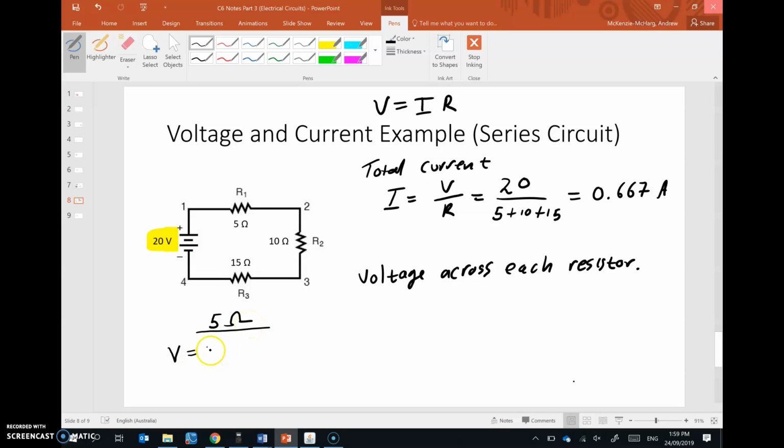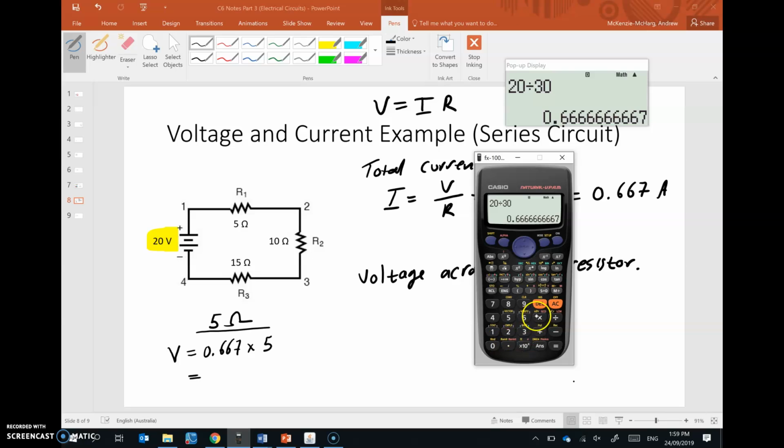The current through this circuit is the same everywhere. That's 0.667. The resistance of the 5 ohm resistor is 5. So the voltage across it is 0.667 times 5. Which gives us 3.335 volts.